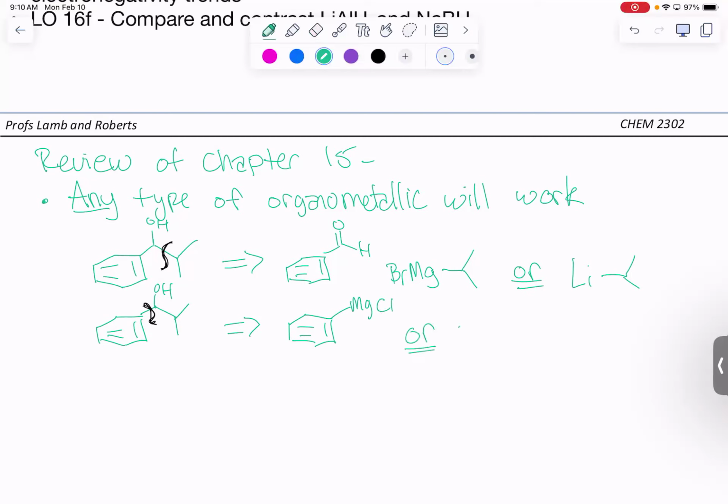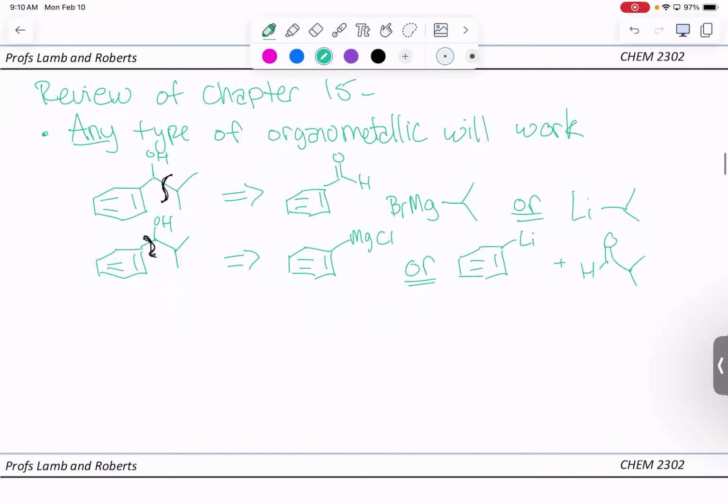Or we could use phenyllithium as our organometallic. It really does not matter. And then, of course, we would need our aldehyde, which has this isopropyl group on it, right? So these are kind of mix and match. That's good for you in case you're doing a multi-step synthesis. You can use either one. Obviously, the conditions to make the organometallics are slightly different, in that you use two equivalents of lithium.